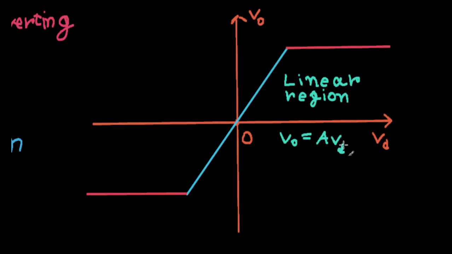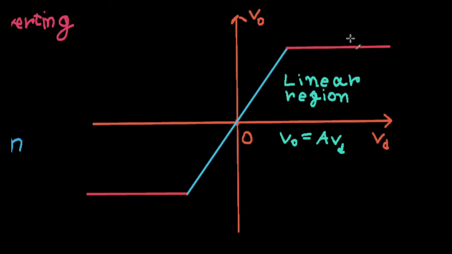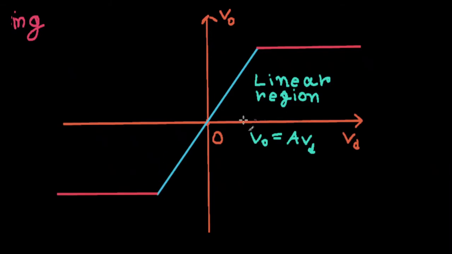All right, and at the other two ends, your output voltage basically becomes constant. Or a more fancy term for that is becomes saturated. The values here are actually limited to the same as your power supply.